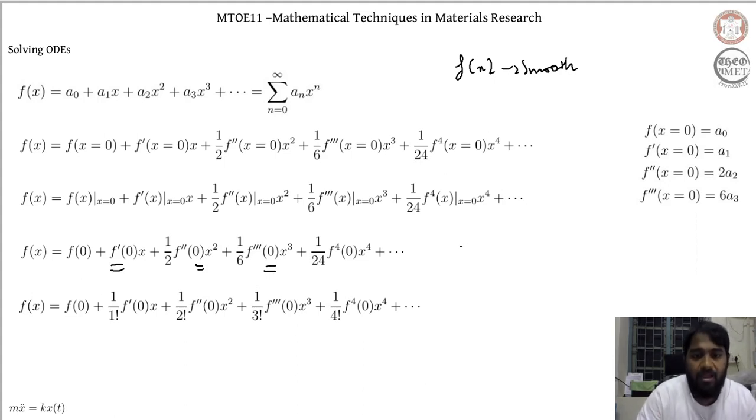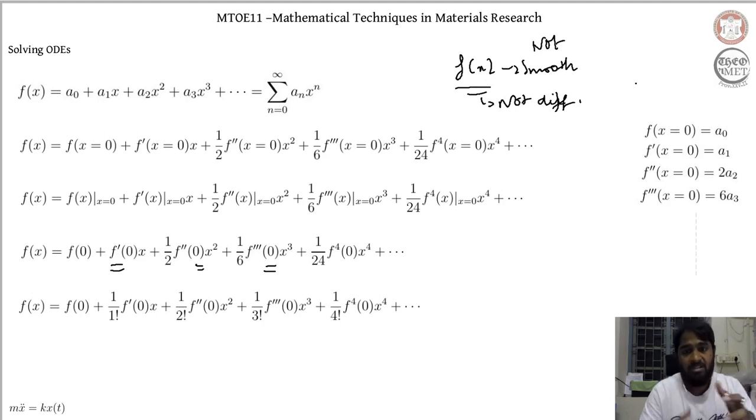Meaning, if this f of x is not differentiable, if it is not smooth, then our power series or Taylor series expansion becomes restrictive, and we won't be able to efficiently use this approach. So that's the reason we start off with the assumption that the solution for our expression is smooth, meaning we are allowed to take several orders of derivative for this function.